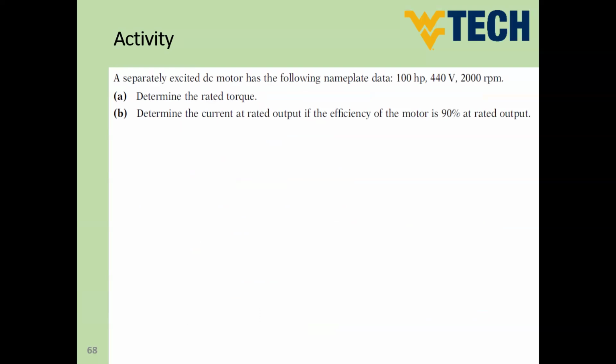This is an activity or a quick assignment for you guys. A separately excited DC motor has the following nameplate: 100 horsepower, 440 volt, 2000 RPM. We need to determine the rated torque and determine the current at rated output if the efficiency of the motor is 90% at rated output.